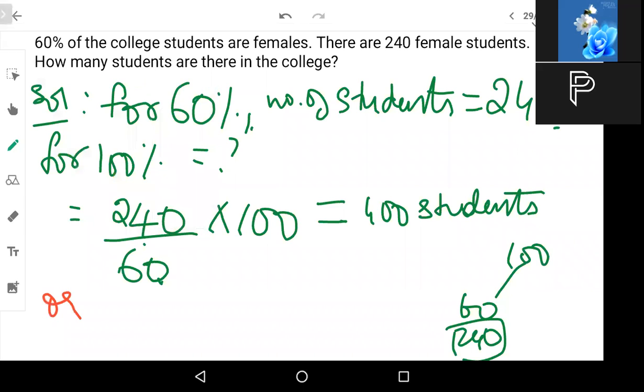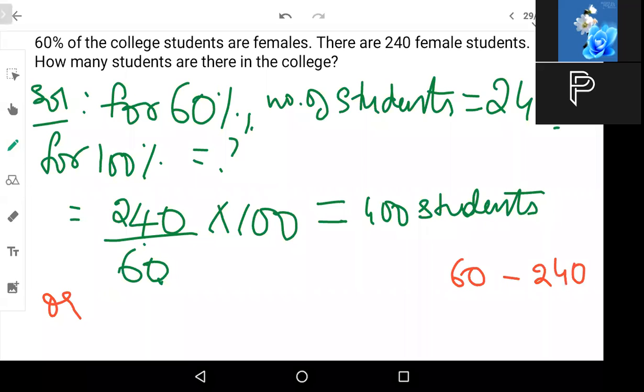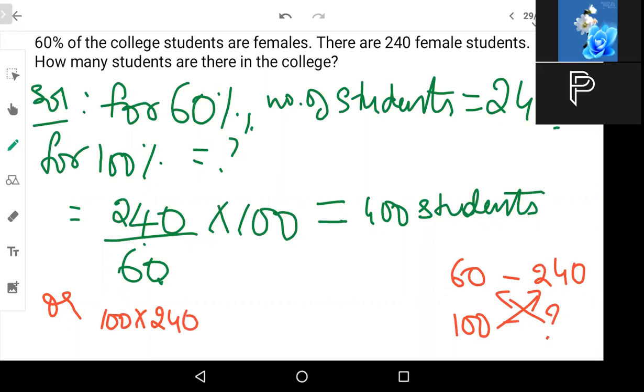Just listen here. For 60%, there are 240 students. For 100%, how much? Blindly do the cross multiplication. So what will you get in cross multiplication? 100 into 240 is equal to 60 into x, which is 60x.